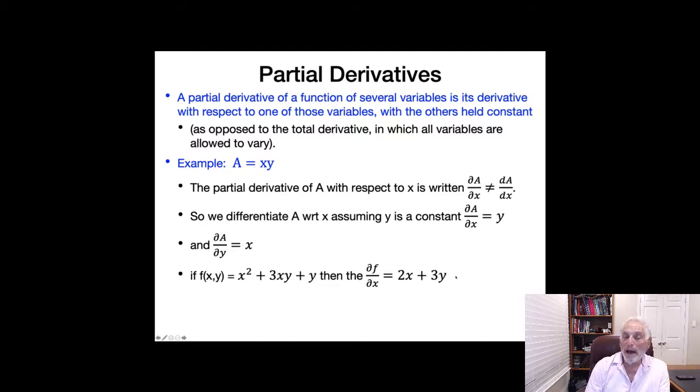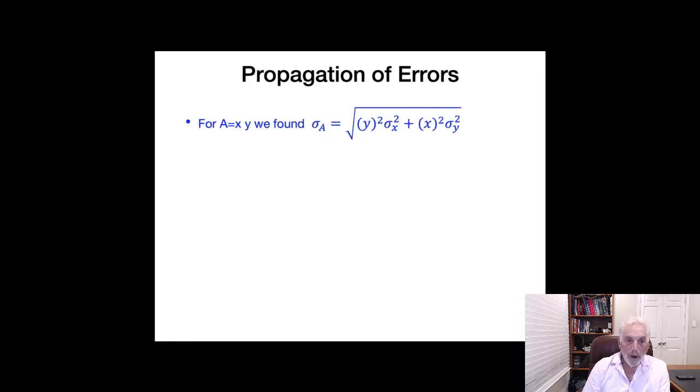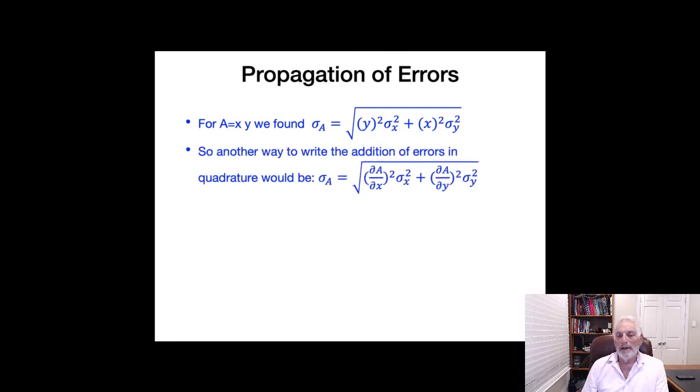Now, let's go back and apply partial derivatives to understanding our propagation of errors. What we found, adding the errors in quadrature for our area A, is that the uncertainty in A was the square root of y squared sigma x squared plus x squared sigma y squared. Let's rewrite this in terms of the partial derivatives.